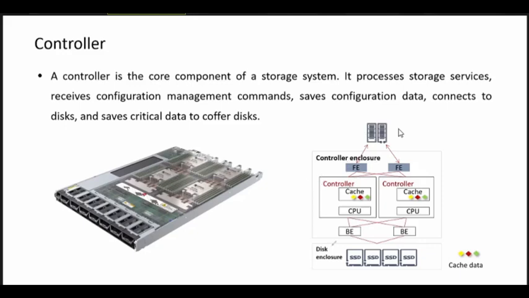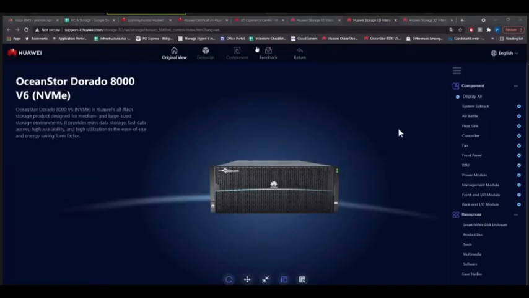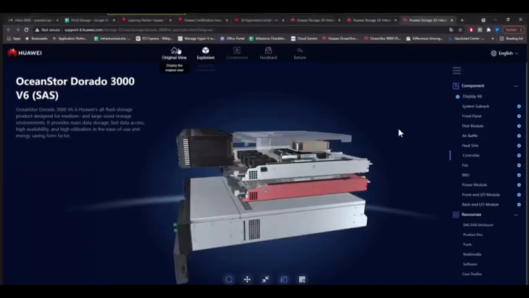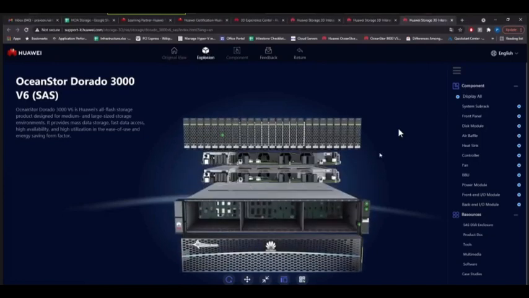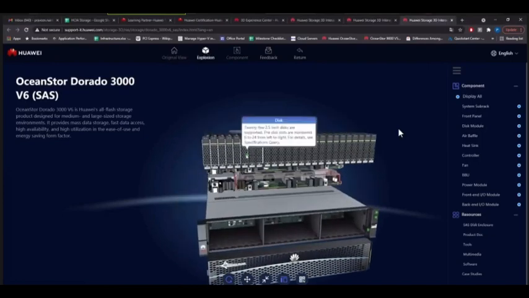And how the controller also works, you'll have your disks, and you'll have something called a Coffer Disk. A Coffer Disk will basically save all your information data, your configuration data and all that stuff. So if you look at this picture, we go back to the original view, or explosion, right? One of these disks might be your Coffer Disk.